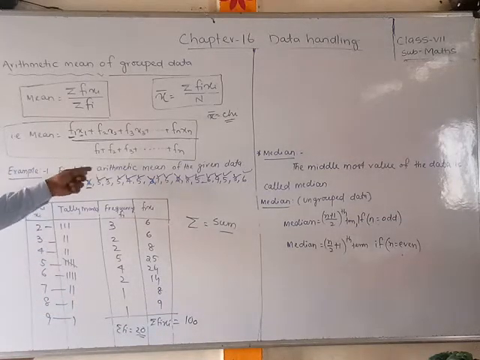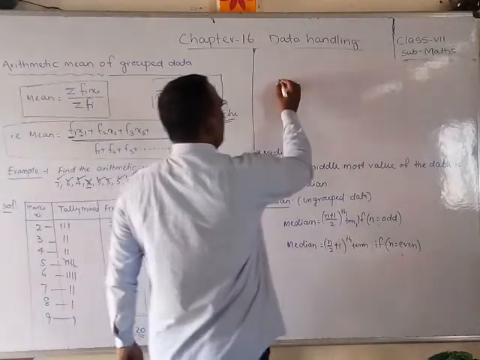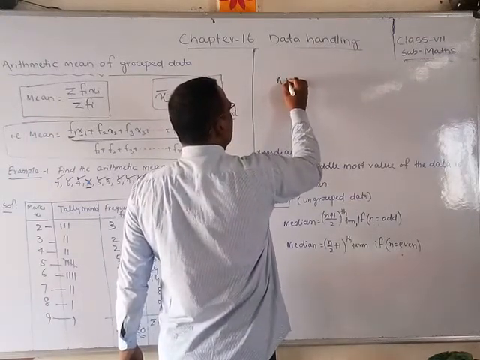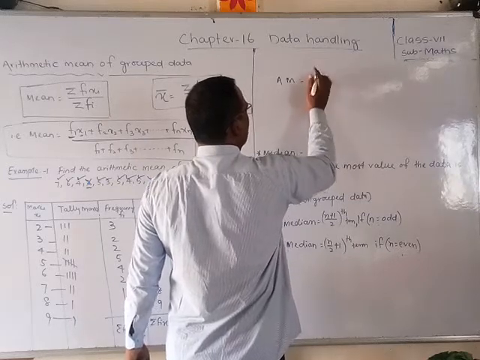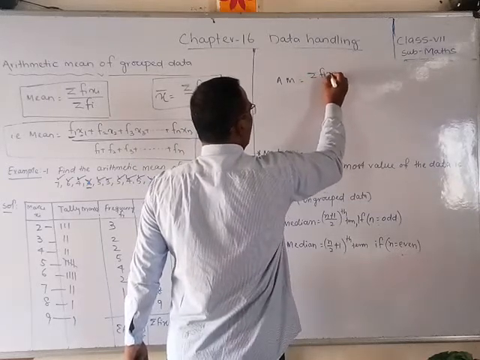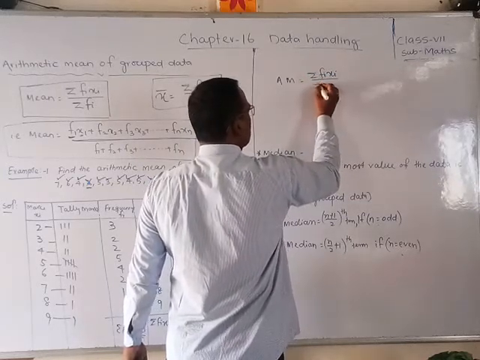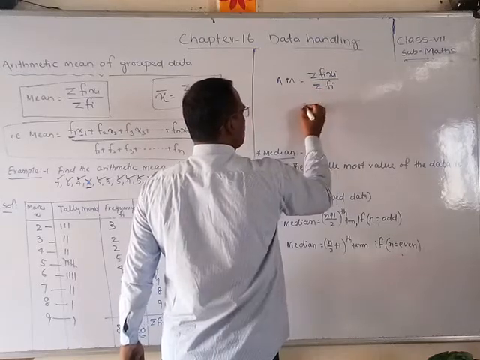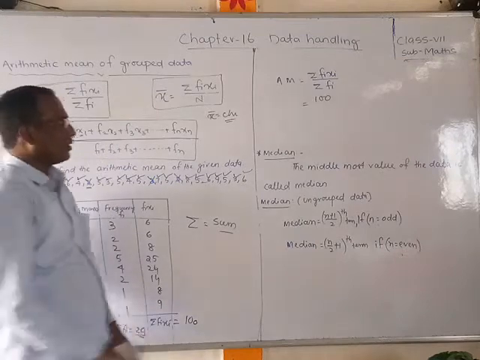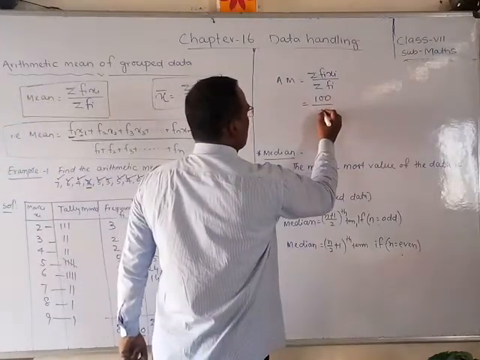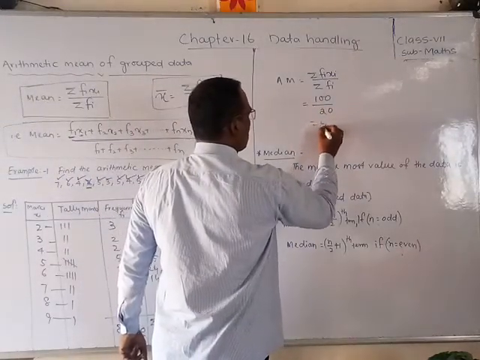So now what is our work? It is finding the arithmetic mean. So arithmetic mean is equal to sum of all observations, or we can write it as sigma of fi xi by sigma of fi. Sigma of fi xi is equal to 100. Sigma of fi, how much did we get? 20. So 100 by 20 is equal to 5.